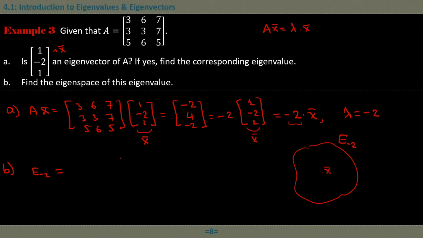It is just the span of the vector 1, negative 2, 1. Any scalar multiple of this vector will serve as an eigenvector for this equation.